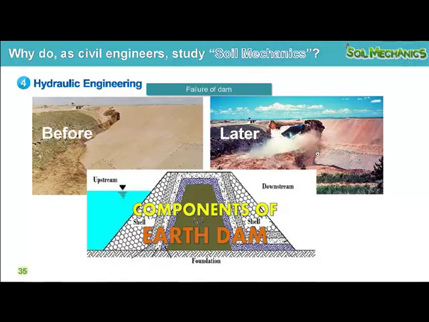And this is an example for designing the dam. We can use what we call the core, this gray layer. This can be an impermeable layer.